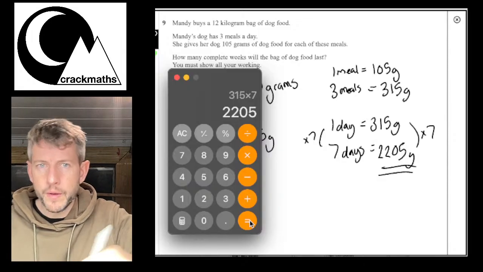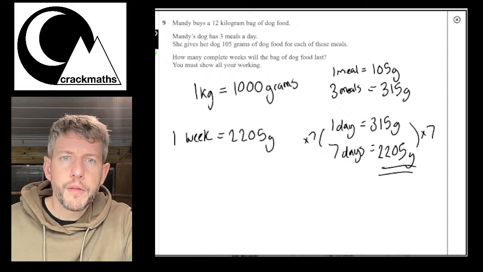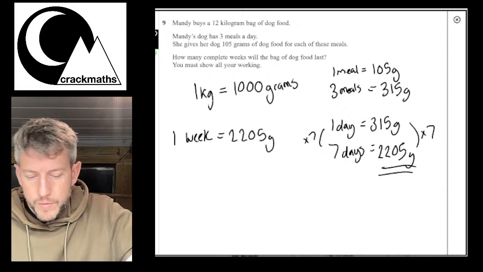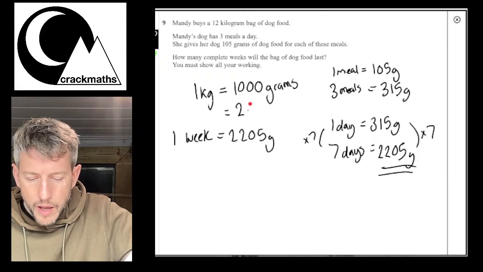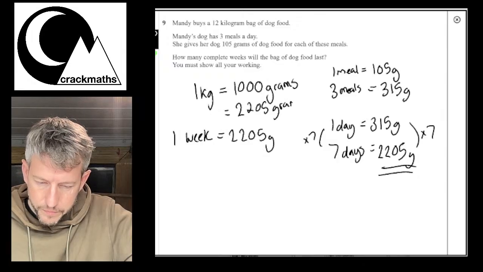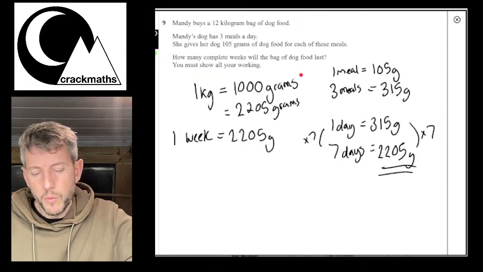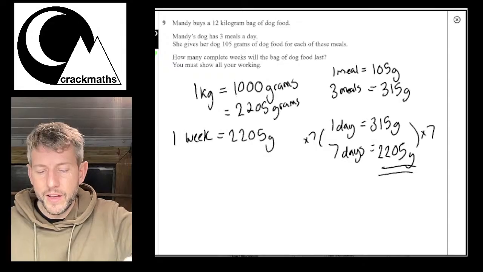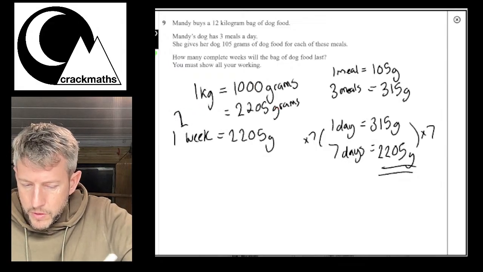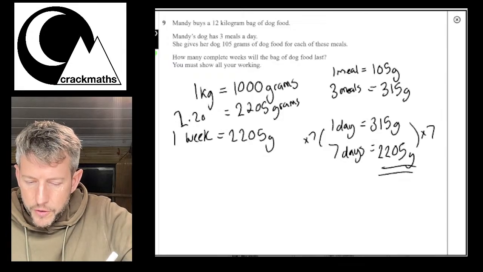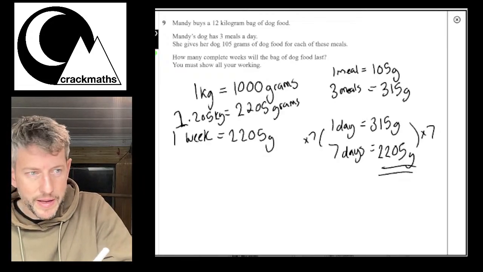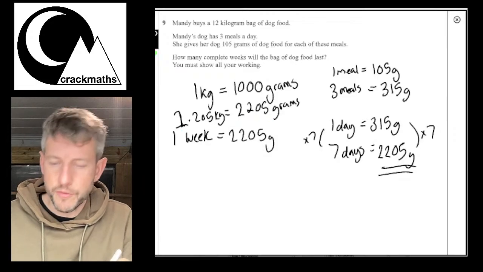So what we can now do is, I'm actually going to change this grams into kilograms, okay? So if I know here that 1 kg is 1,000 grams, well then, if I'm looking for 2,205 grams, I'm going to just put the decimal place in. So 2.205 kg equals 2,205 grams.